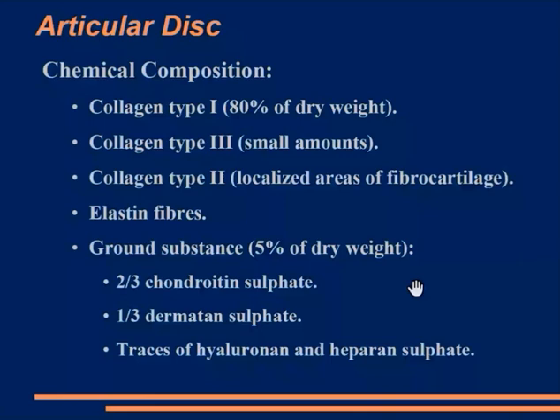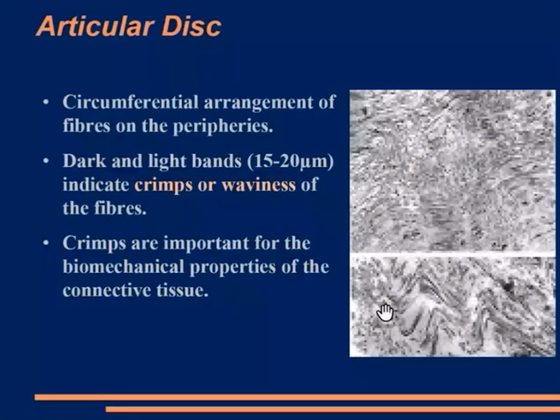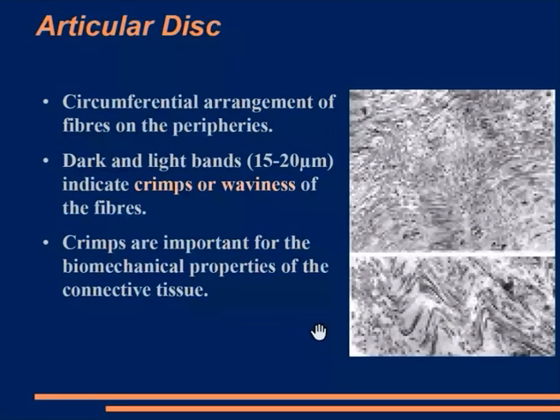Where one part is compressed, and where we don't have the GAGs, the chondroitin sulfate, the compressive loading will generate tensional loads elsewhere that can be resisted by the crimping of collagen fibers. We call it crimps or waviness, and they can be found under the electron microscope as dark and light bands.